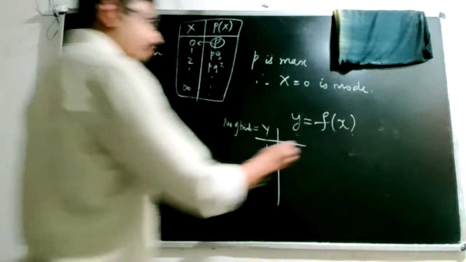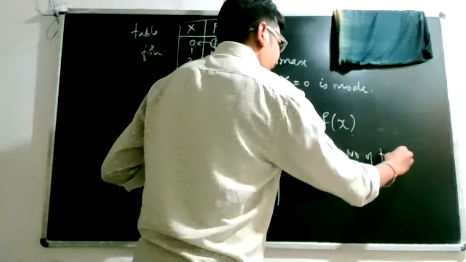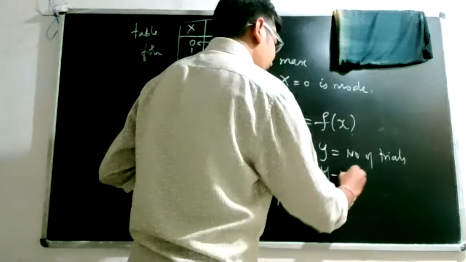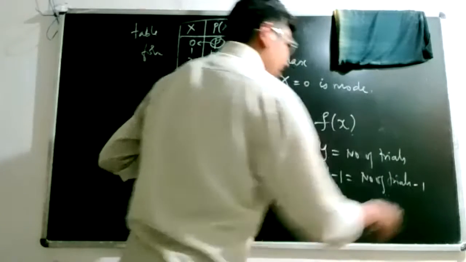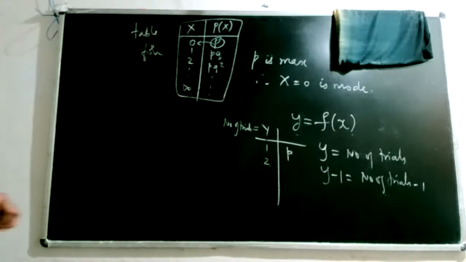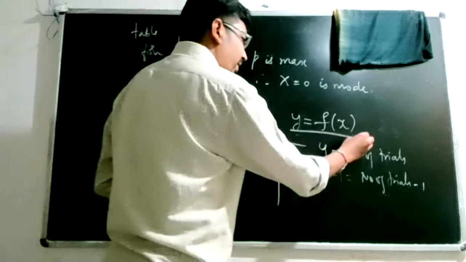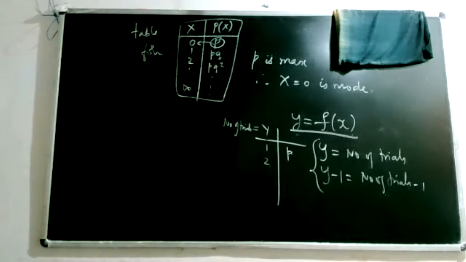So if I say y is equal to number of trials, and if I say y minus 1, can you say y minus 1 is number of trials minus 1? So can you talk about 0 trial, minus 1 trial and all? No. So mathematical part is different, variable part is different, statistical part is different. So you cannot just mix up everything.